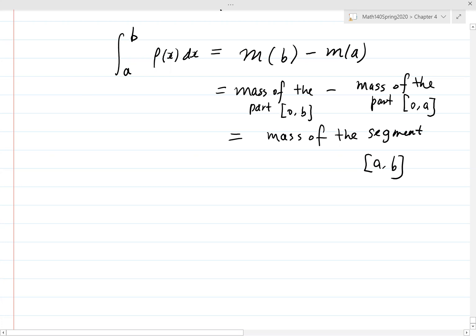But speed is only non-negative. It has no direction. So if we find the total distance traveled, we need to integrate the speed.